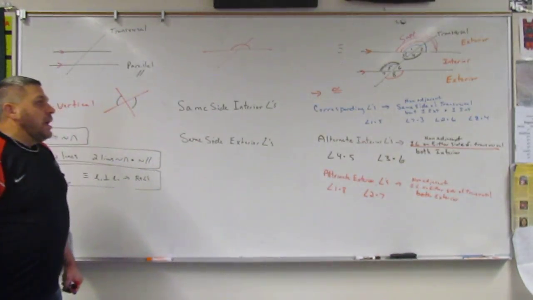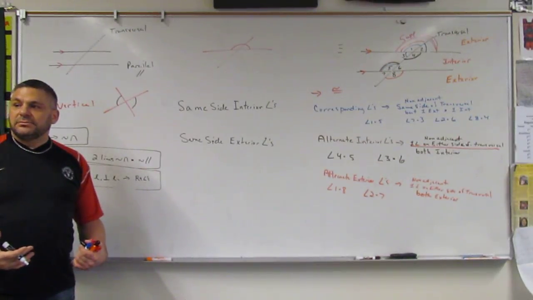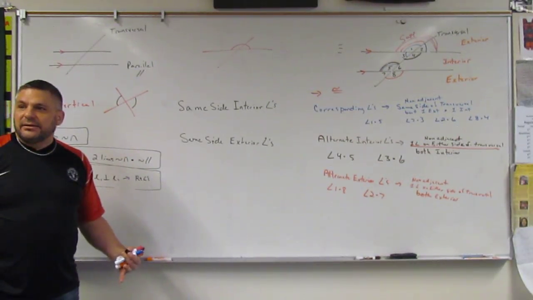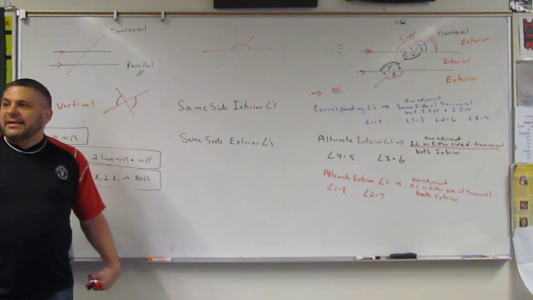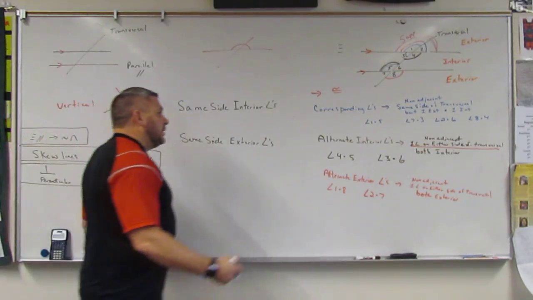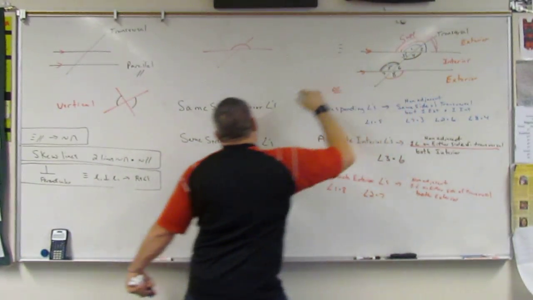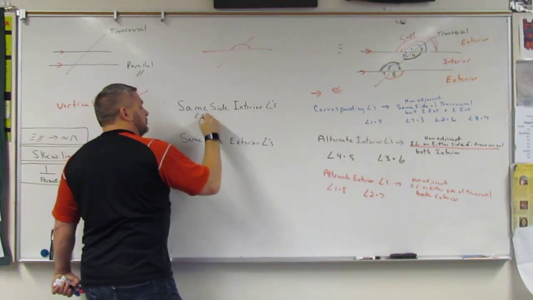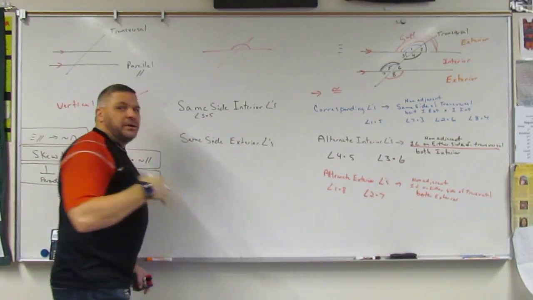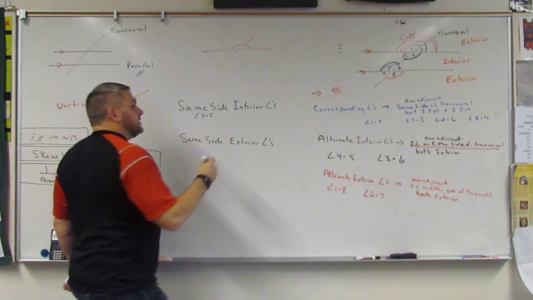Okay? And what those are is exactly what they say. They're on the same side, and they're both interior. Okay? So that would be 3 and 5, or 4 and 6.